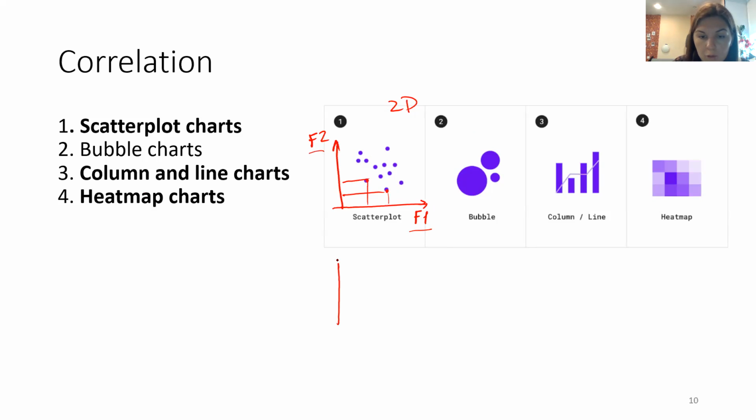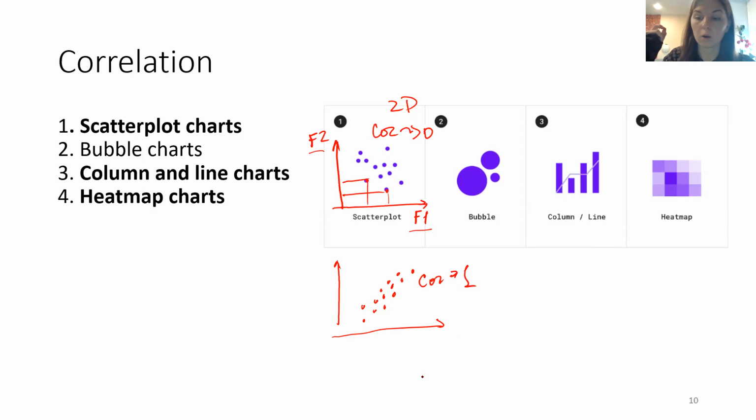Because if you have a plot like this, you don't have correlation actually. So this correlation is close to 0. And when you have a plot like here, you will see that correlation is close to 1.